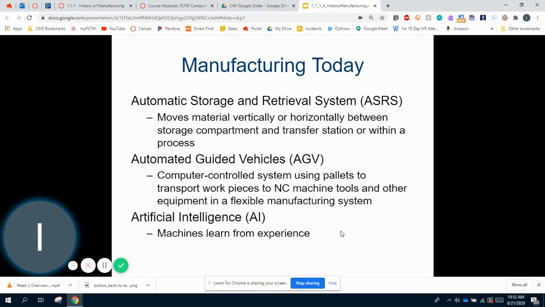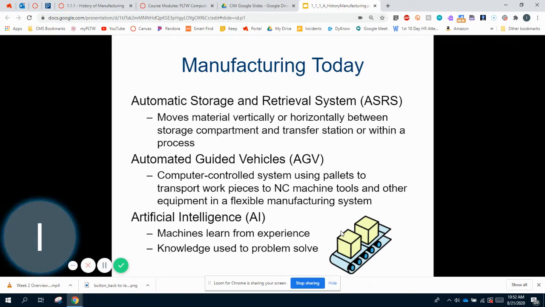In manufacturing today, we have better technology. So now you have automatic storage and retrieval systems. We have automated guided vehicles. We have artificial intelligence, machines that learn from experience, and they can problem solve on their own.